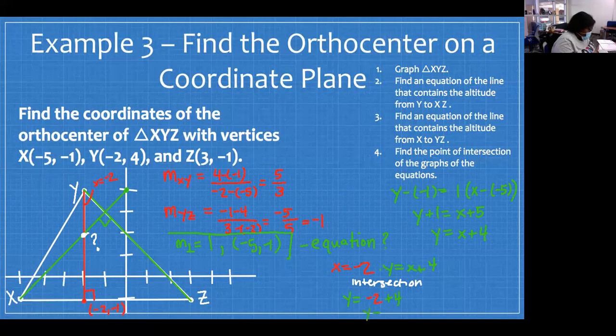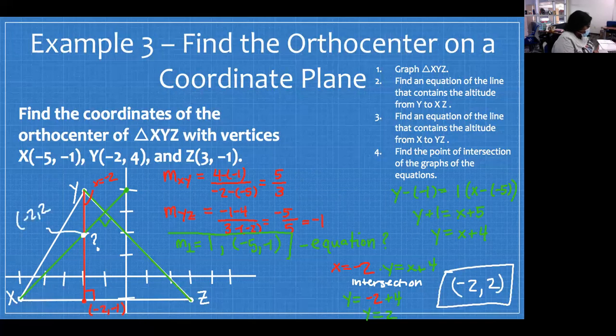So y is equal to 2. So then the intersection has to be at when x is -2 and y is 2. And that's going to be right here. That's -2, 2. And that is my orthocenter.